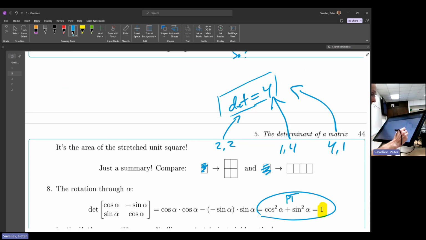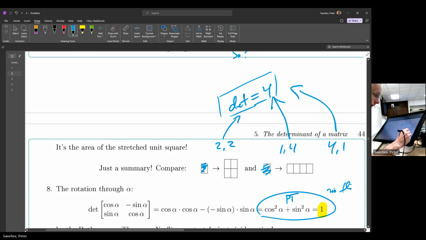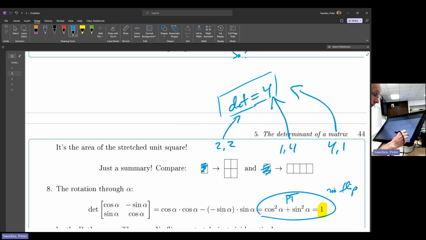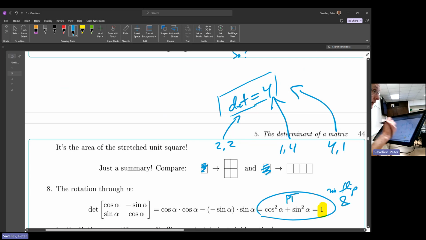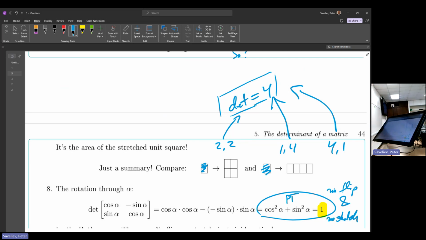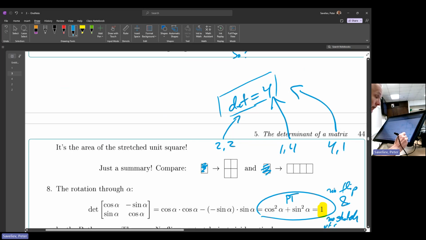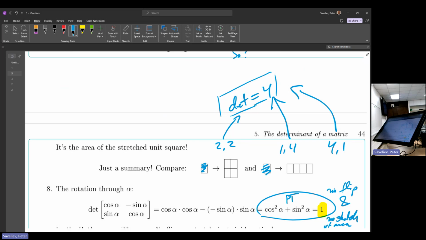If we now analyze this one, what we conclude is that there is no flip, number 1, and the second one, no stretch. So that's what a determinant of 1 is. The stretch, to be clear, is no stretch of area. Roughly, a 1 by 1 square may be stretched, but the area will remain 1.